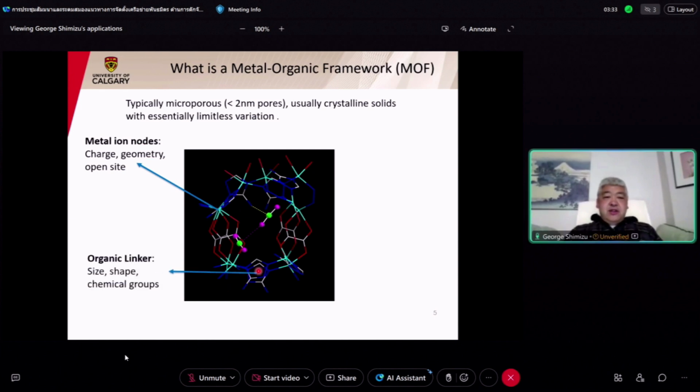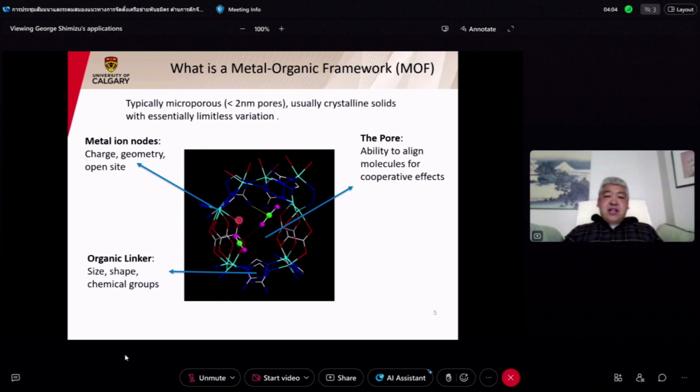You can change the linker, and by changing the linker, you change the size and the shape of the hole. Maybe what is more subtle is every time you change the shape of the hole, because we are talking about a hole on the size of a few molecules, not a huge hole, changing the size or shape of the hole changes the way the molecules themselves interact inside the hole. And that is actually something very significant.